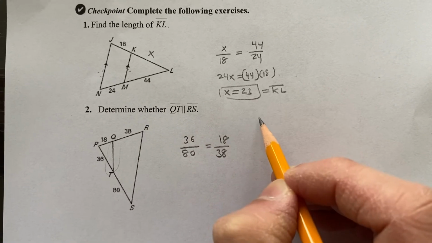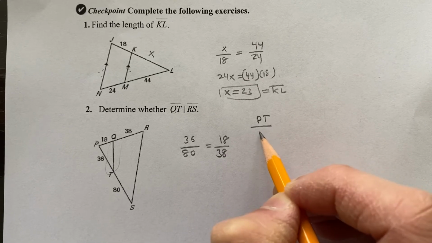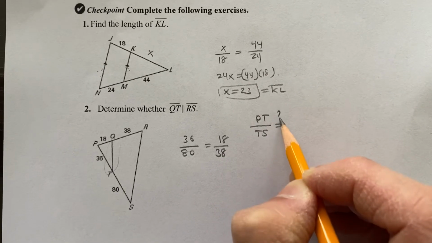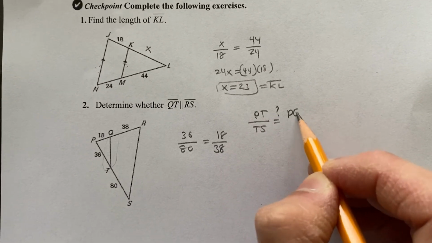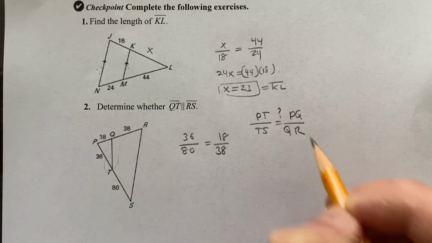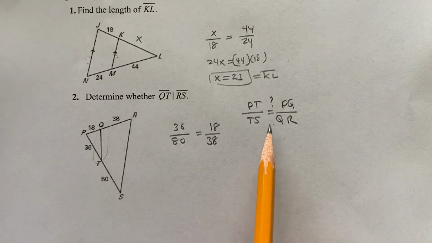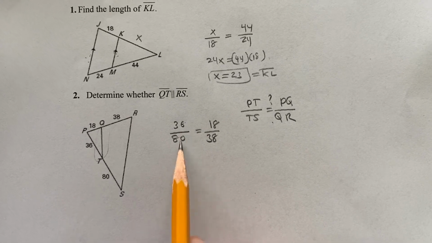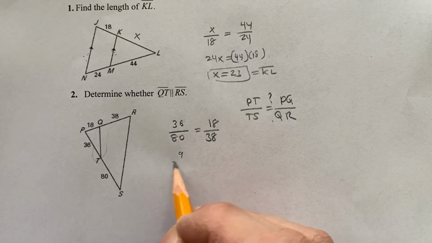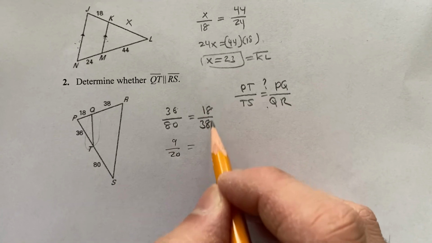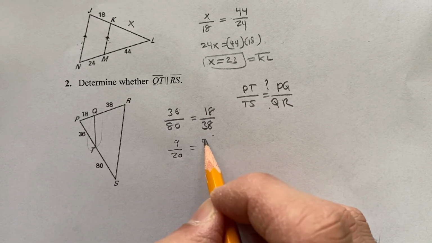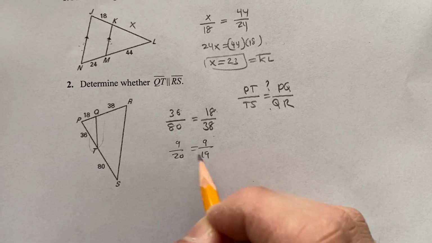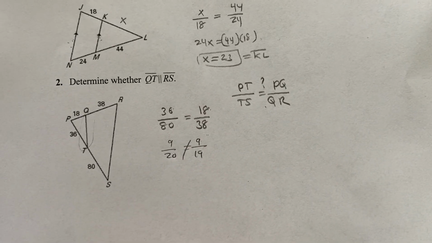In other words, does PT over TS, question mark, equal PQ over QR? Let's reduce these fractions. I could divide by 4 on top and bottom and get 9 over 20. Divide by 2 for both these values to reduce our fraction. 9 over 19 clearly does not equal 9 over 20.